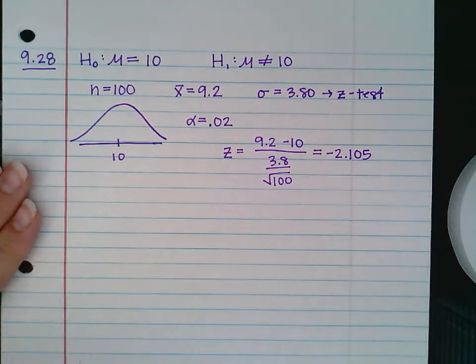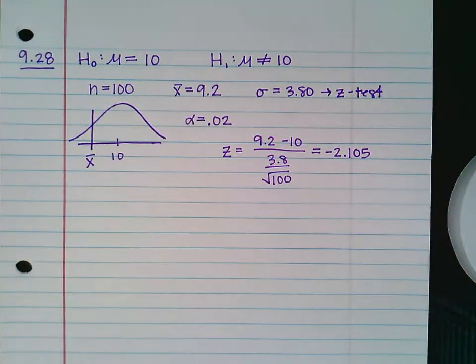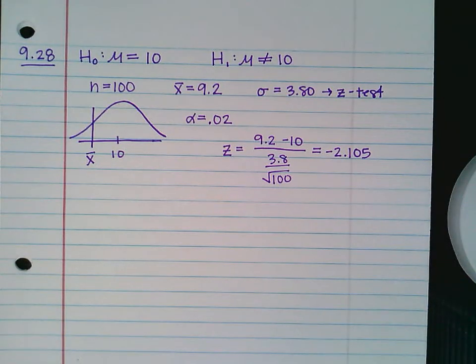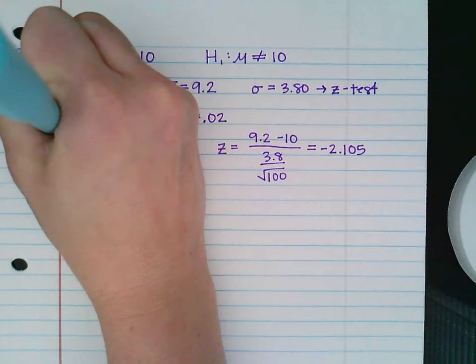So this x bar is not 2.5, but 2.1 standard deviations below the mean. Our big question is, is that far enough away from 10 to say that there's significant evidence that the mean calls are different from 10? So if you go to your z chart, negative 2.10, well, let's round that. Let's make this negative 2.11, which would be 0.017.